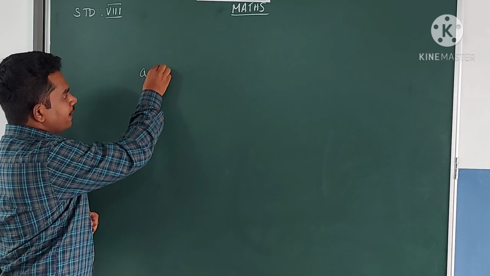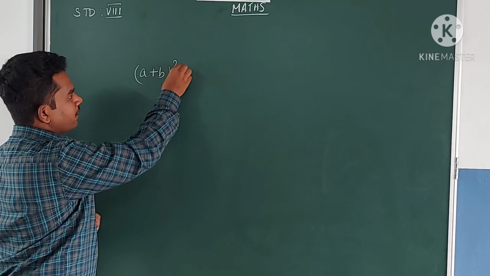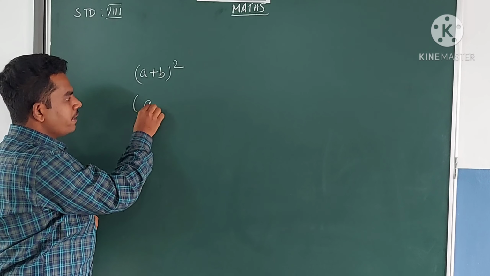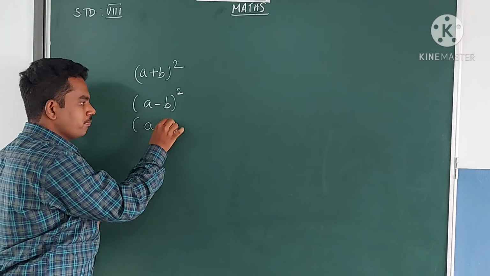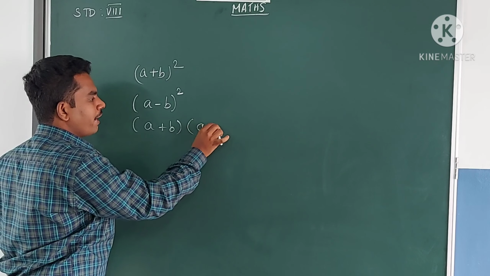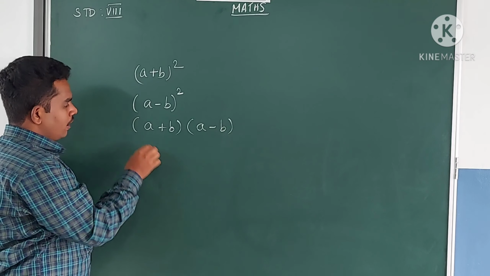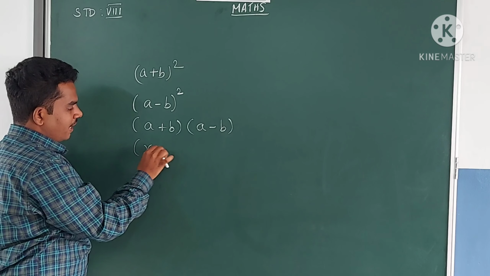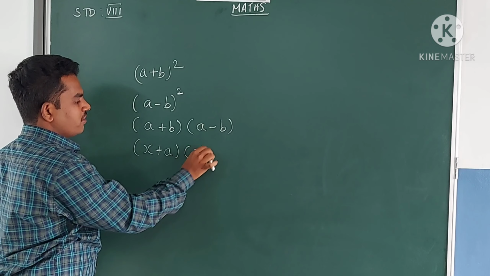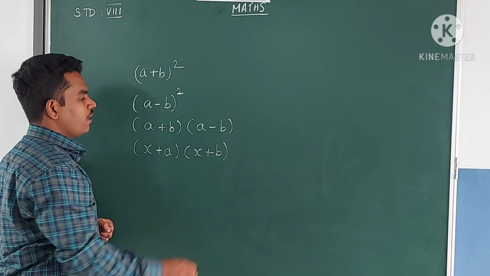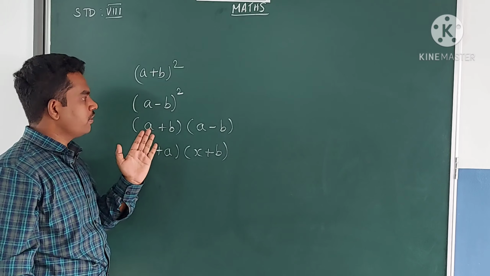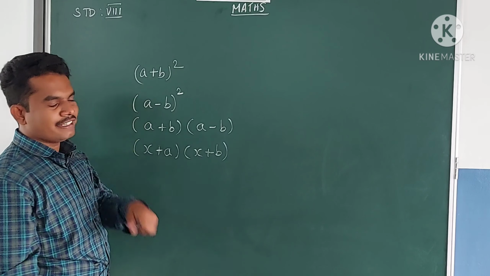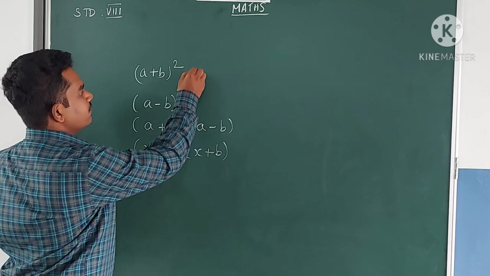A plus b whole square, a minus b whole square, a plus b into a minus b, next x plus a, x plus b. I have written only the left hand side itself. So, you have to tell the right hand side. What are the right hand side?